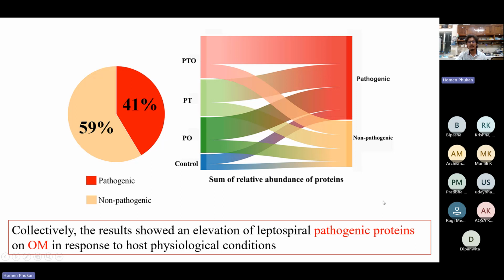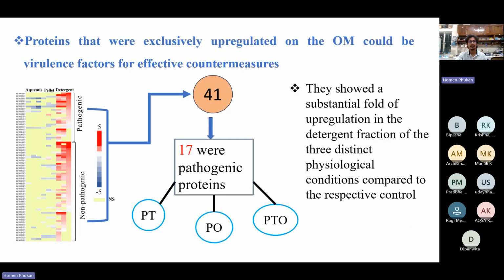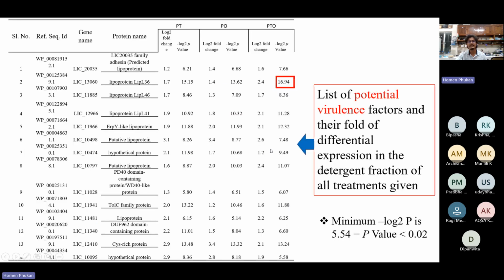Collectively, the results showed an elevation of leptospiral pathogenic proteins on the outer membrane in response to host physiological conditions. So as you can see from this heat map I have shown earlier also, from the 41 proteins, 17 were pathogenic proteins, which are likely to be potential virulence factors. And these are the tables.